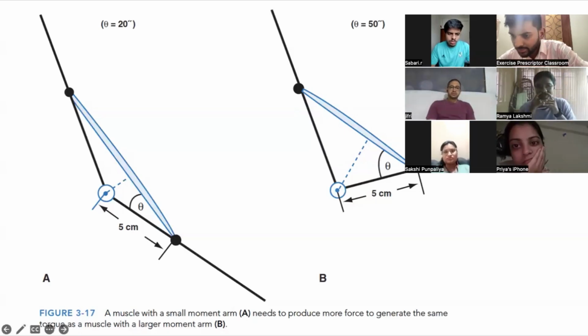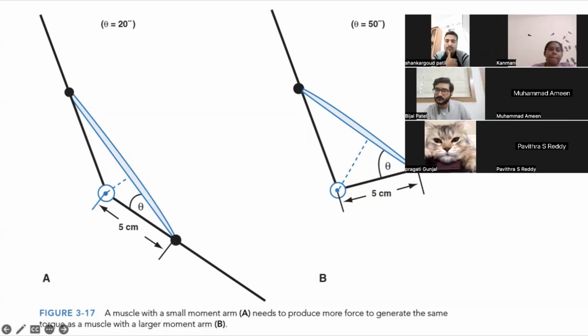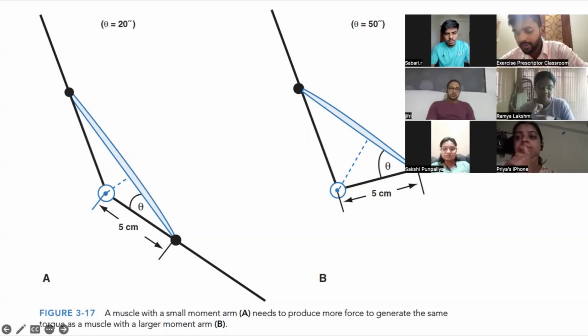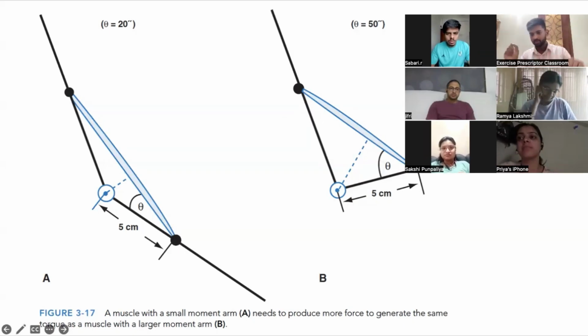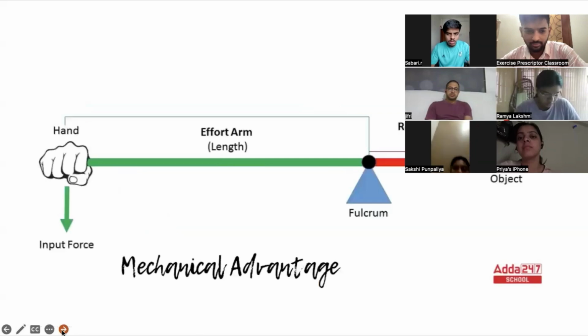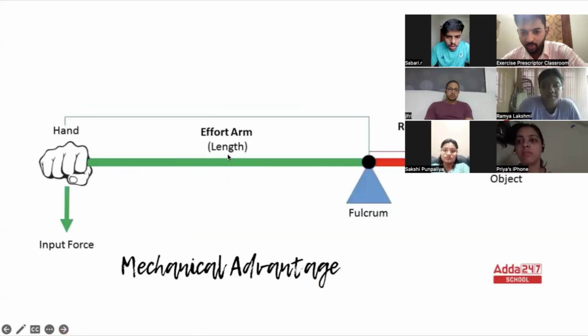This much clear, guys? Yes, sir. Okay. So I will plan some drawing examples or writing and explain it. It makes it easier. We'll figure it out in upcoming classes. This is what I'm talking about: this is a mechanically advantageous position because the effort arm is more than the resistance arm.